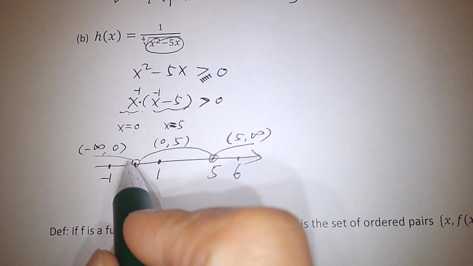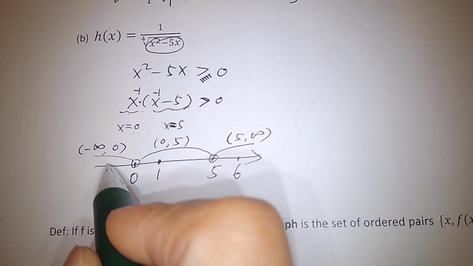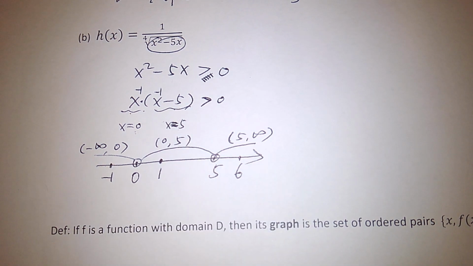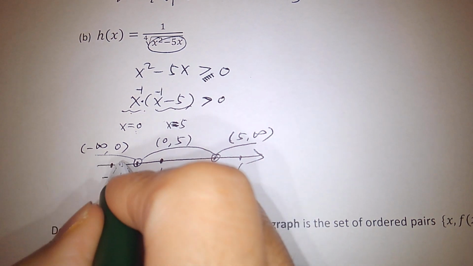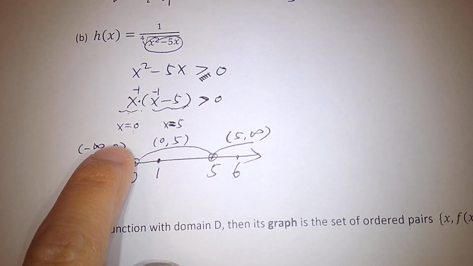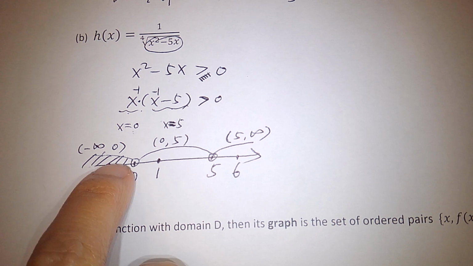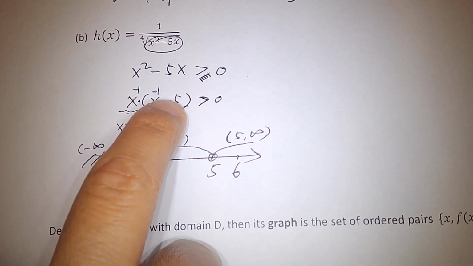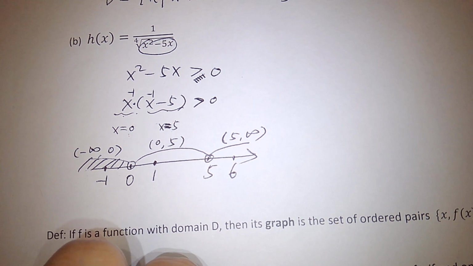Positive. So can we choose this entire interval, yes or no? Yes. If one key point works, the entire interval will work, okay? So on this entire interval, negative infinity to 0, every real number will make this inequality satisfied. So this is part of our solution.